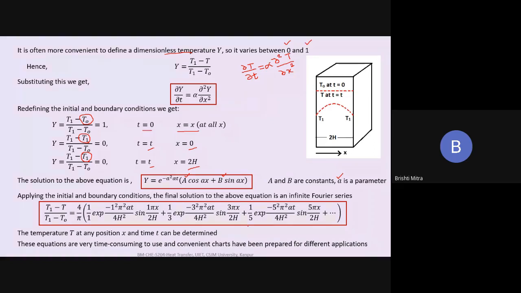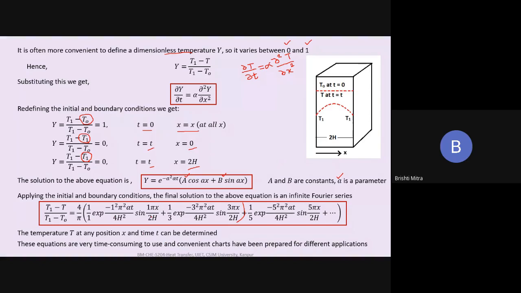Since this is an infinite series, if I want to find out the temperature at a particular case, I can consider the first term and the second term and put a bracket out here. So if I want to calculate the value, what is the information that I need? I need the value of alpha, which means I need my thermal diffusivity, which depends on physical properties, K by rho Cp. T is the time after which this value is coming out. 2H is the thickness of my plate as shown out here.